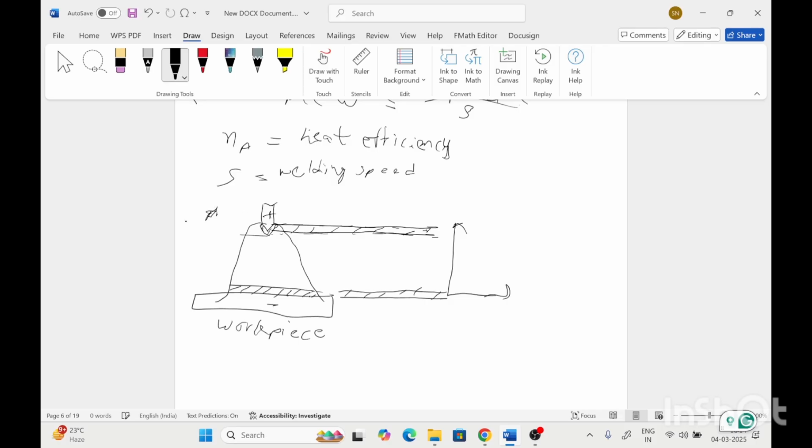This region is known as the anode pole zone, where electrons are accumulating. And this is called the cathode pole zone.